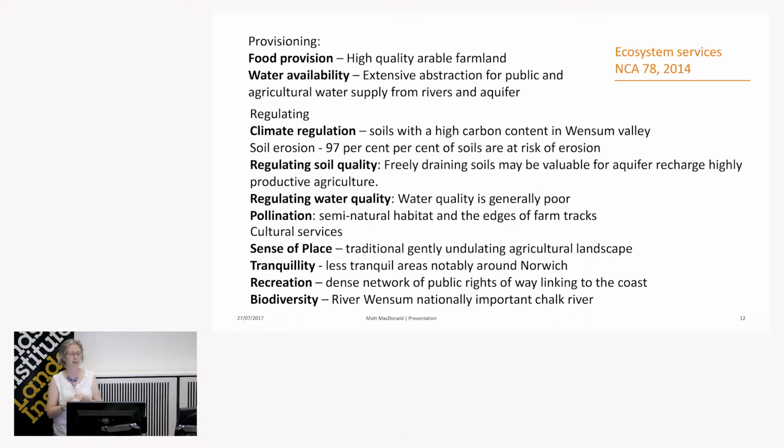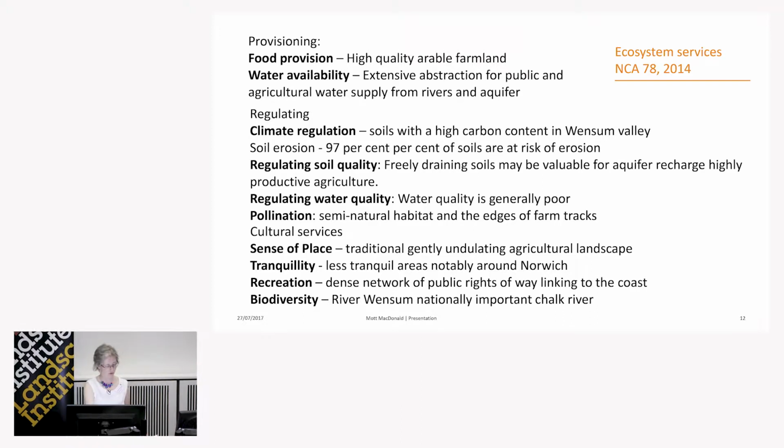So although it's a very productive landscape, it's actually supported very heavily by inputs of fertilisers. And there are also cultural services as well. Tranquility and recreation are very important in this particular area.